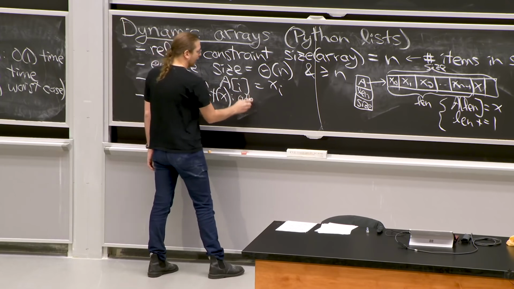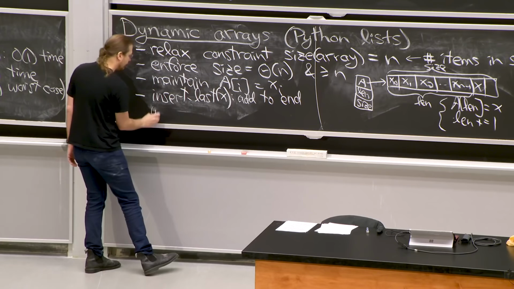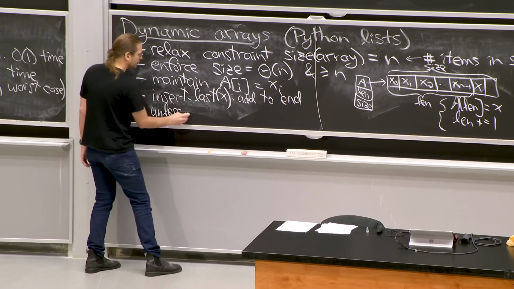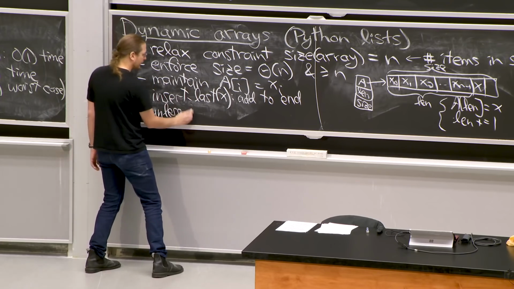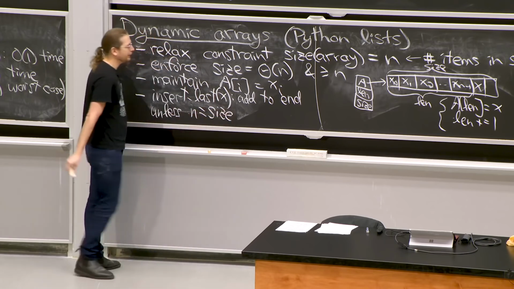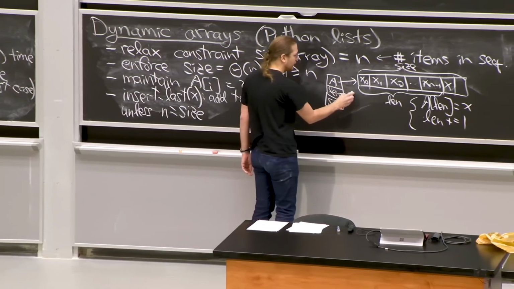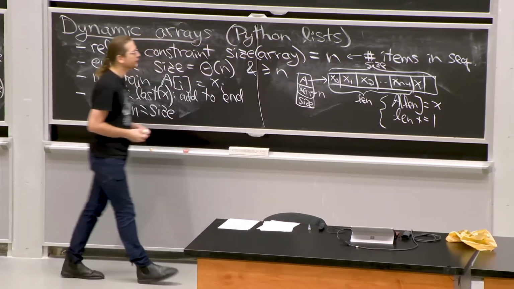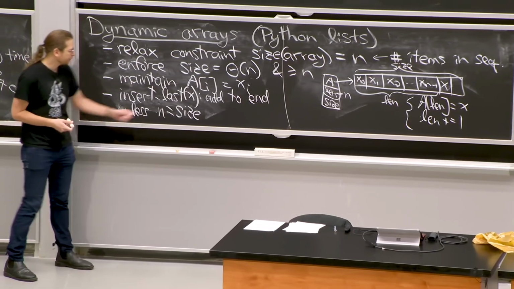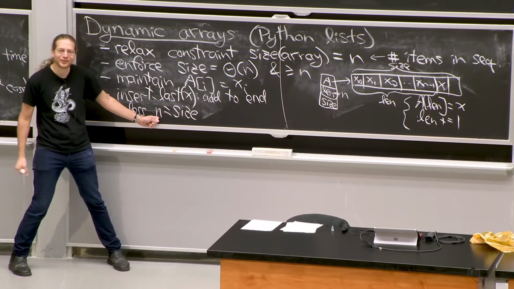Just add to the end, unless n equals size. I'm using n and length for the same thing. So length here is the same as n. That's our actual number of things we're trying to represent. And size, this is the interface size.